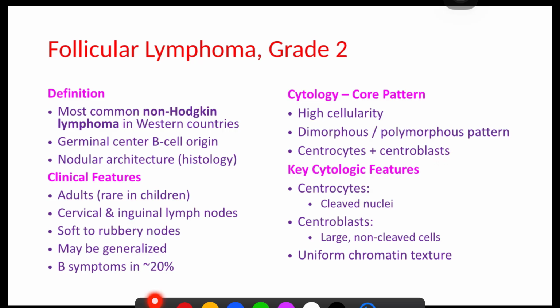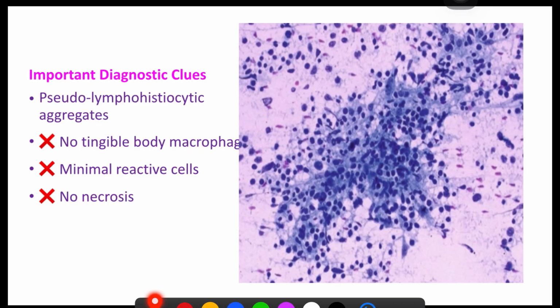Centrocytes are identified by cleaved nuclei, and centroblasts are non-cleaved, large, with prominent nucleoli and uniform chromatin texture. One of the important diagnostic clues is the pseudo-lymphohistiocytic aggregate.